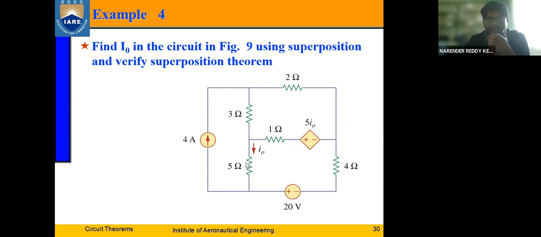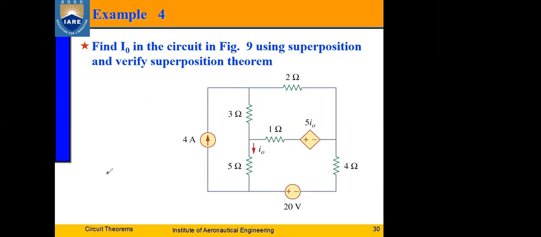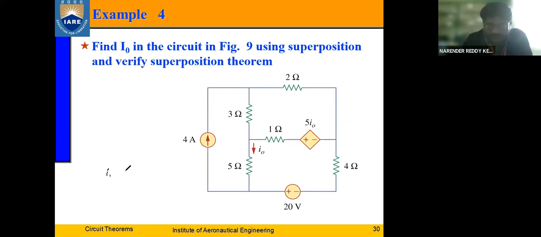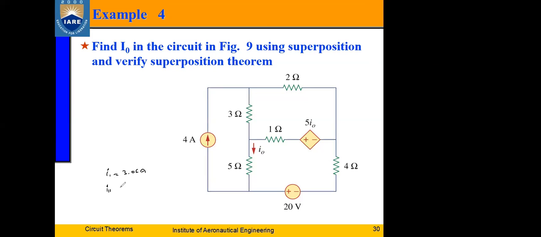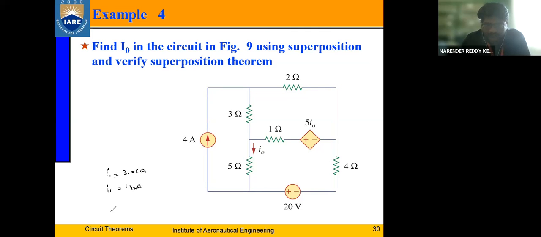What was the value in case one when you consider only one source? I0 dash is equal to 3.06 amperes. And in this case, when you assumed I0 double dash, it is 1.42 amperes. So what's the resultant of these two?